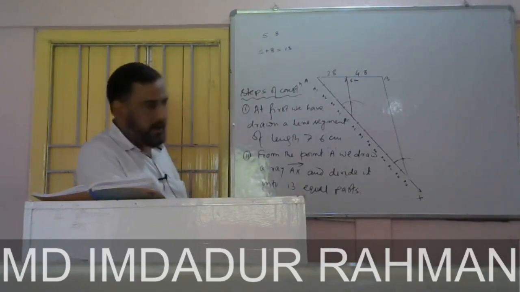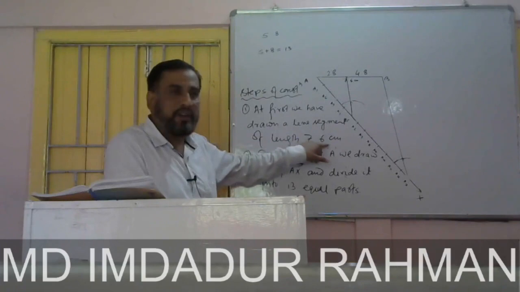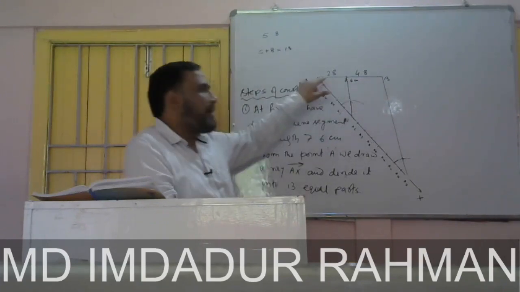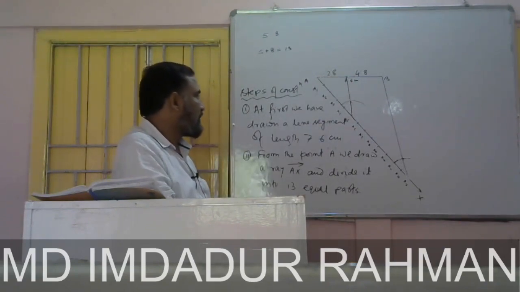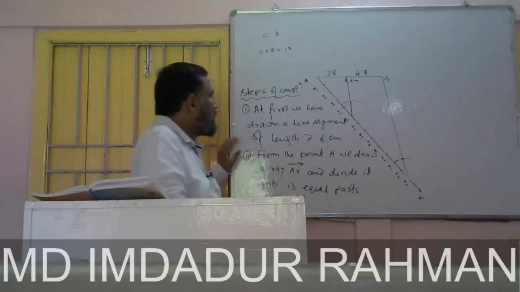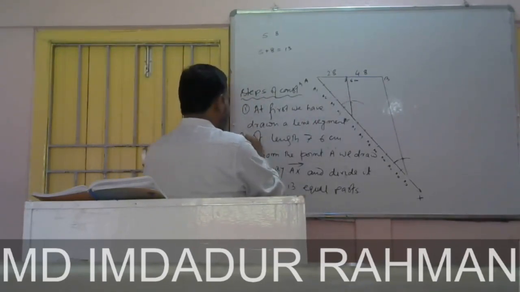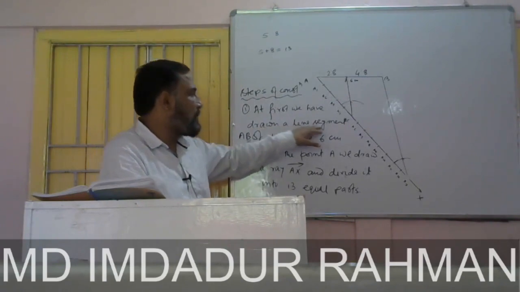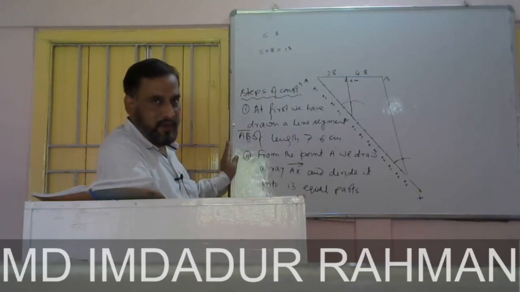I am repeating again. At first, we draw a line segment of length 7.6 centimeter. We have drawn a line segment 7.6 centimeter and given the name as AB. At first, we have drawn a line segment AB of length 7.6 centimeter.